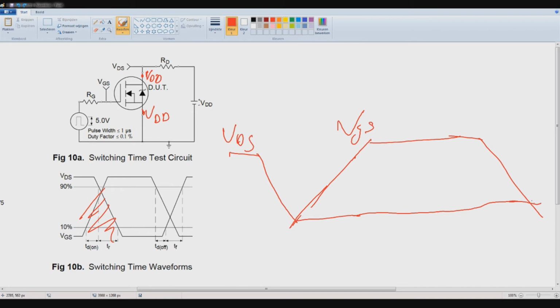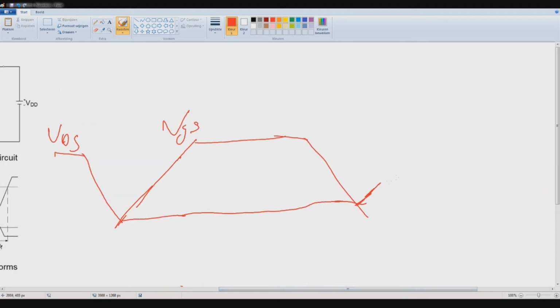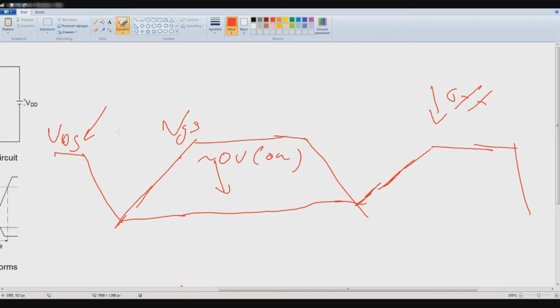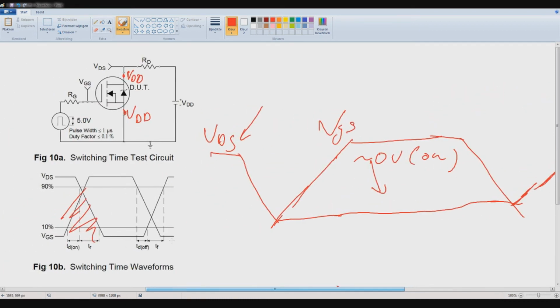And then over here, when it turns on, the voltage comes back, a drain to source, and this is when it's off. So don't get confused. This is almost 0 volts, and this is when it's on. Because the voltage you had here, now this is open, or well, this is closed, it can flow.